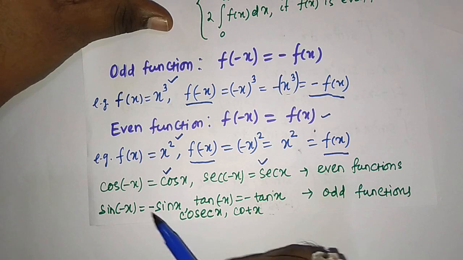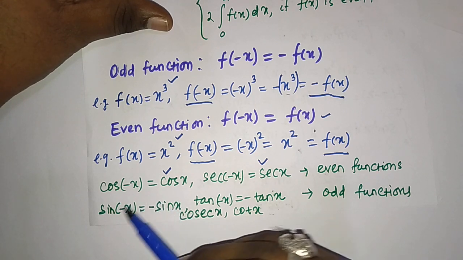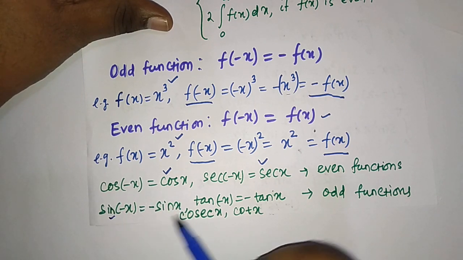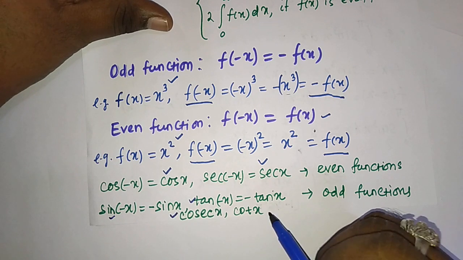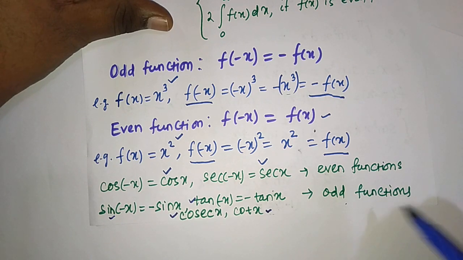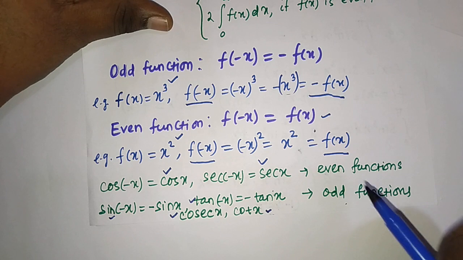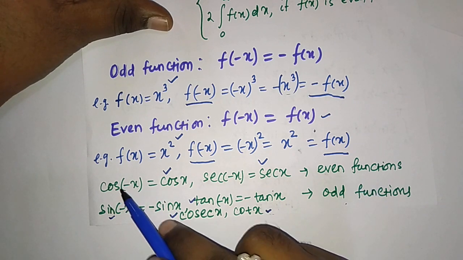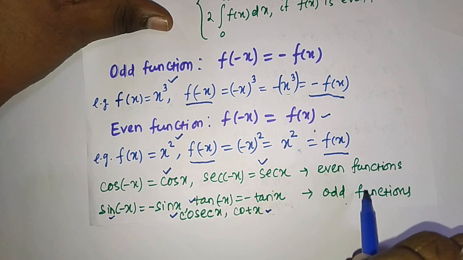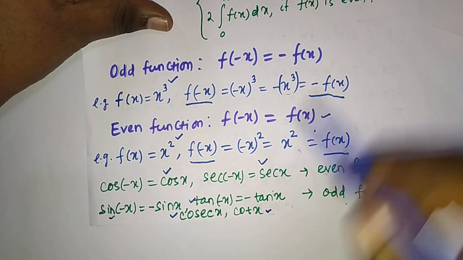Then these four functions, sin x, tan x, cosec x and cot x, are the odd functions in trigonometry. Remember this thing, only cos x and sec x are the even functions, and the other four functions are odd functions.